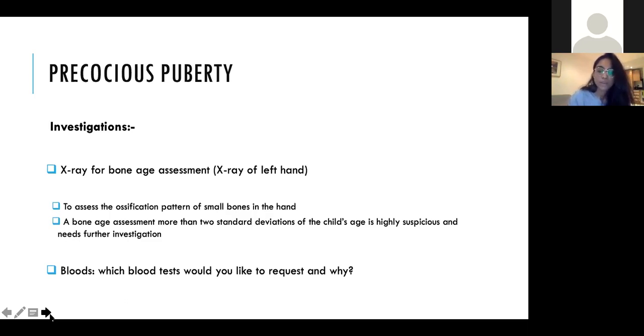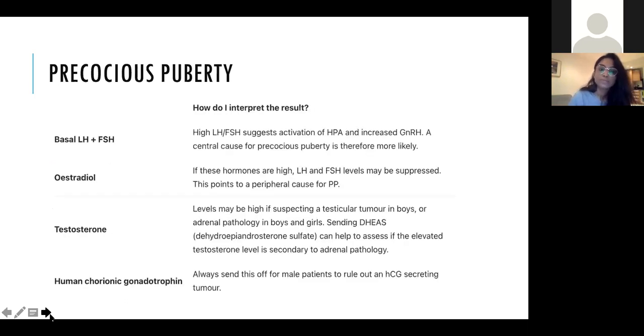And blood. So I always like to think, okay, why am I doing this blood test? So we do the routine blood test, full blood count, biochemistry, but someone with precocious puberty, you want to do further investigations. You want to do luteinizing hormone and follicle stimulating hormone.